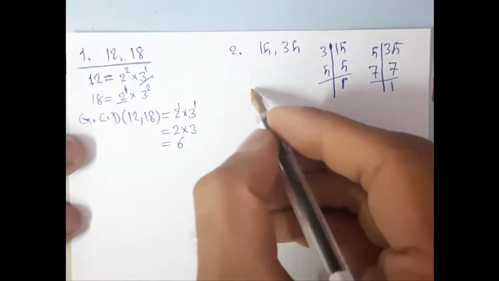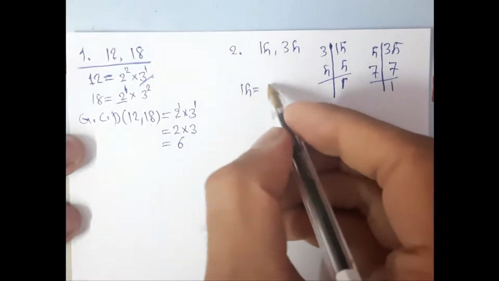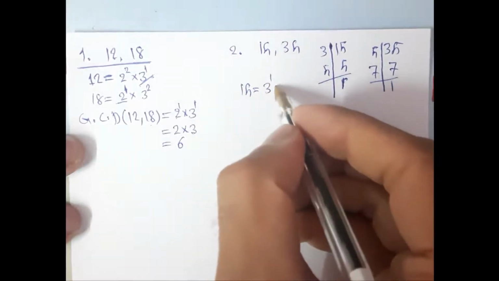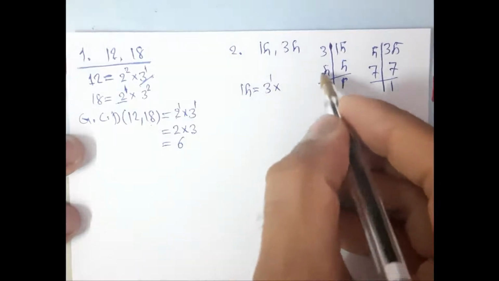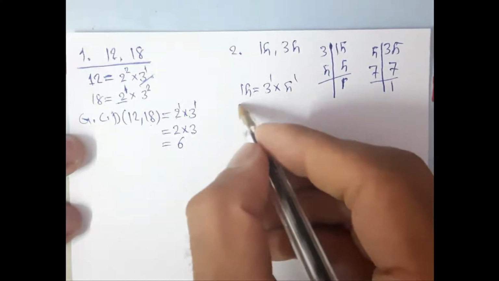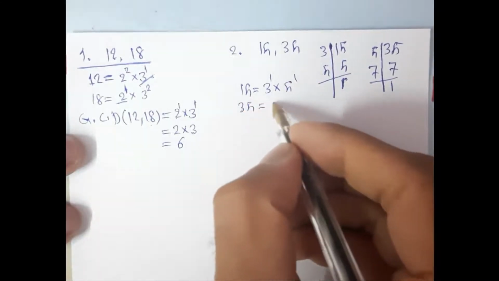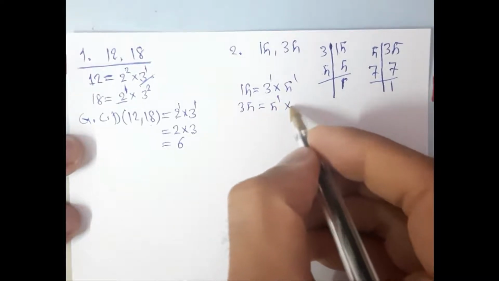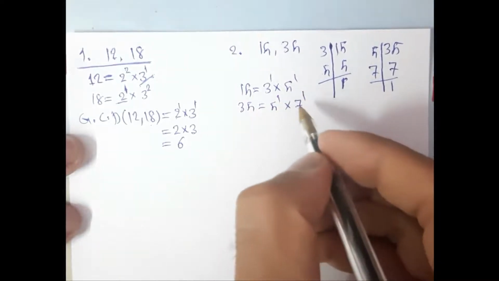So 15 is equal to 3 power 1 times 5 power 1. 35 is equal to 5 power 1 times 7 power 1.